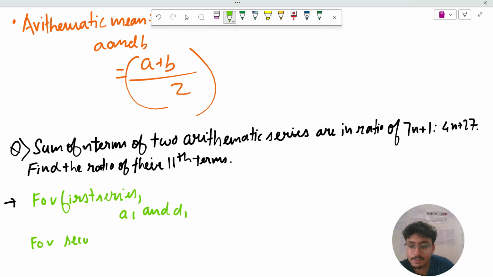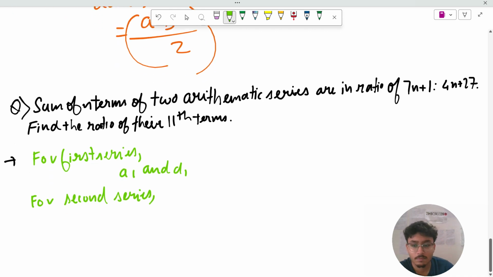For the second series, let the first term be A2 and the common difference be D2. In both cases we need the sum of n terms, so n remains constant.